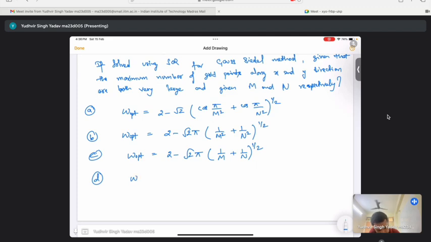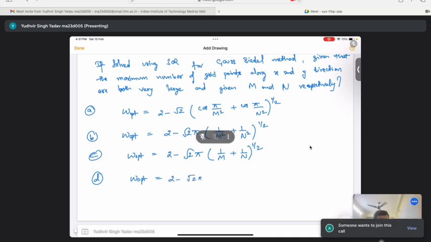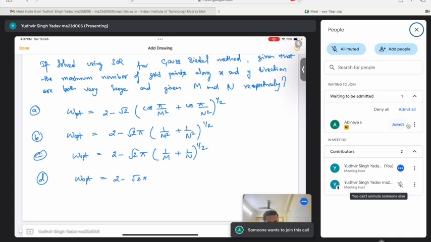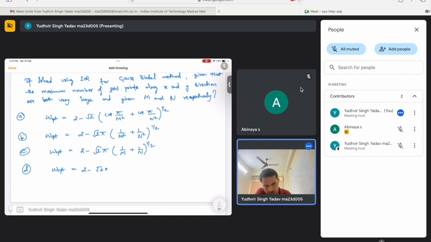And option D is omega opt equals 2 minus root 2 pi times 1 by m squared plus 1 by n squared to the power half.